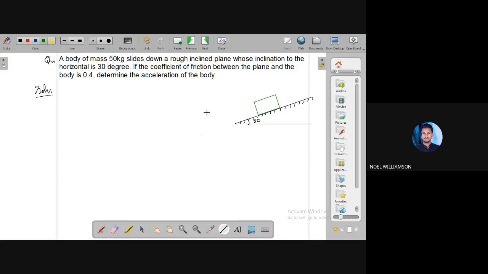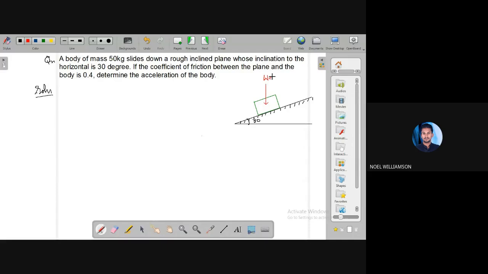So the weight of the body is always acting vertically downwards. So we can say weight is acting like this. This is weight, which is equal to, weight is represented by m into g, right?